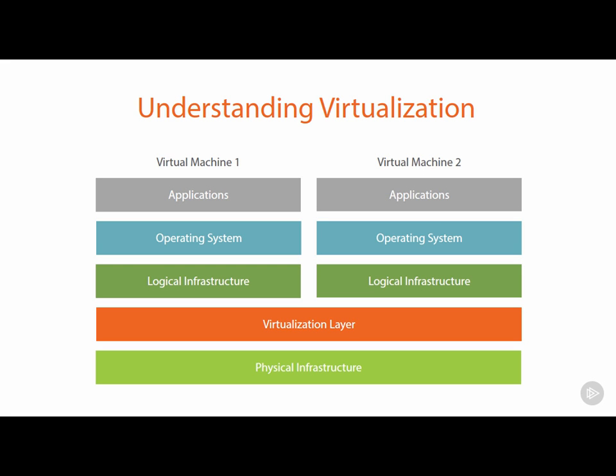The hypervisor is what keeps Virtual Machine 1 separate from Virtual Machine 2, because these could belong to totally different customers, and this is much of the premise of resource pooling, that other cloud characteristic we looked at in the first module. You're going to share the physical infrastructure between multiple customers.